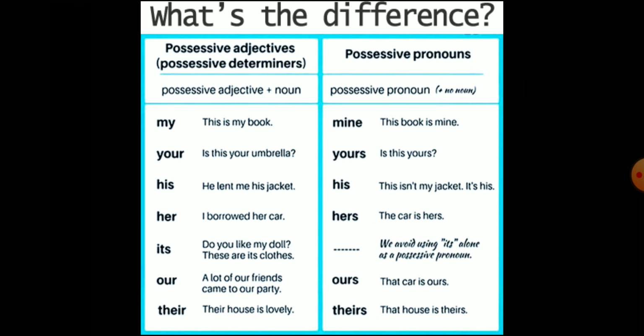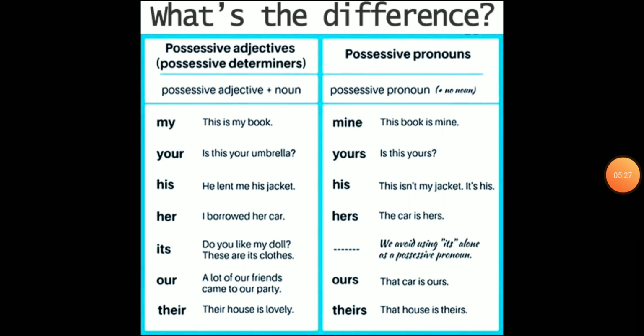What is the work of an adjective? It modifies a noun. Understood? So a possessive adjective is always followed by a noun.